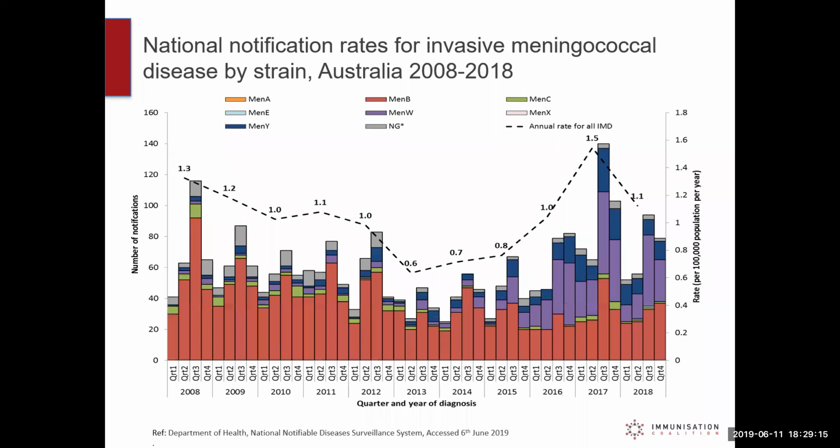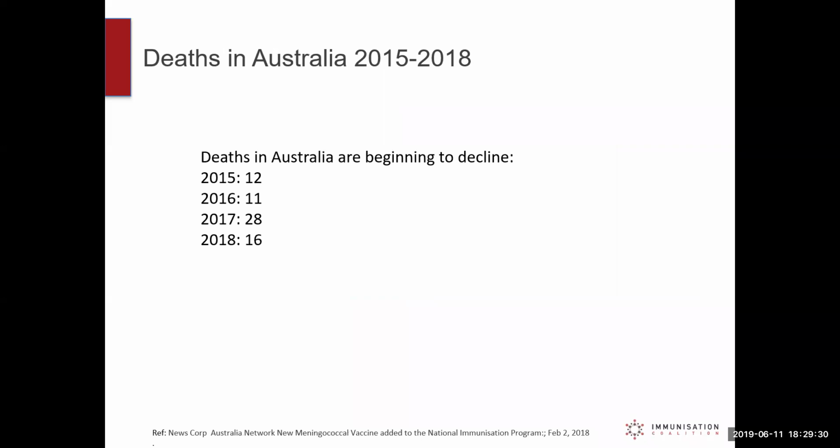Once again, looking at the different strains that we are seeing, meningococcal B is definitely the standout strain. Deaths from meningococcal disease also look to be declining, which is excellent news.